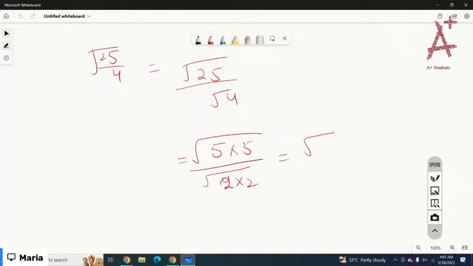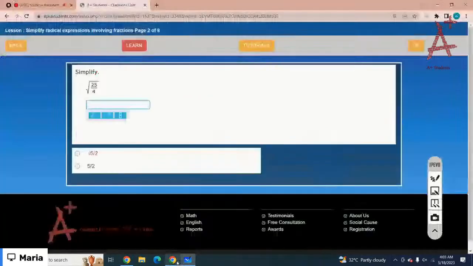So it would be 5 squared and 2 squared. The 2 and square root cancel out, and you are left with 5 divided by 2. The correct option is 5 divided by 2, the second option.